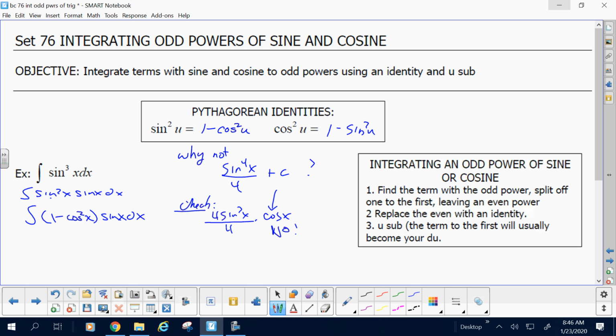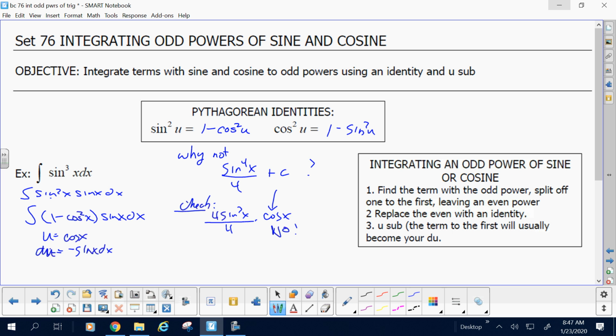What shall we let u equal? 1 minus, I think that's a bit of an overreach. Just cosine. Okay, so let u equal cosine. du is negative sine. Like always, if our du doesn't perfectly match, then we need to do something about it. We don't have a negative one.